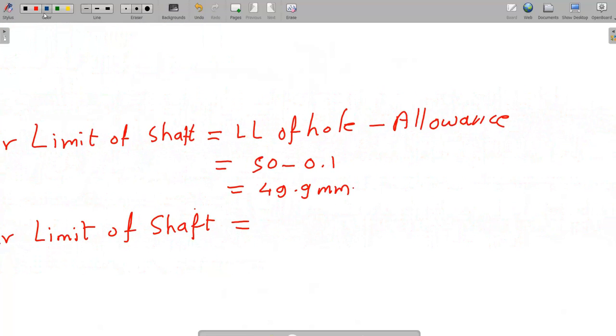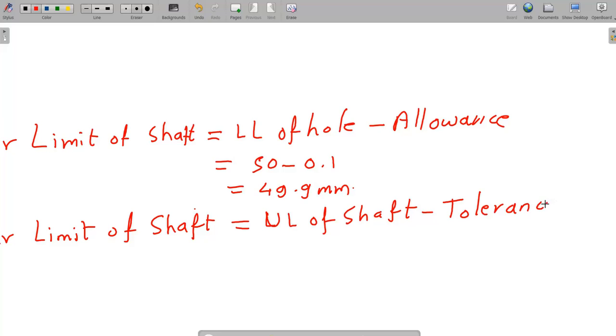Okay, so are you getting? Upper limit of shaft minus tolerance value. We have already found out the upper limit of a shaft, that is 49.9, minus tolerance value, given as 0.05. So how much is it?